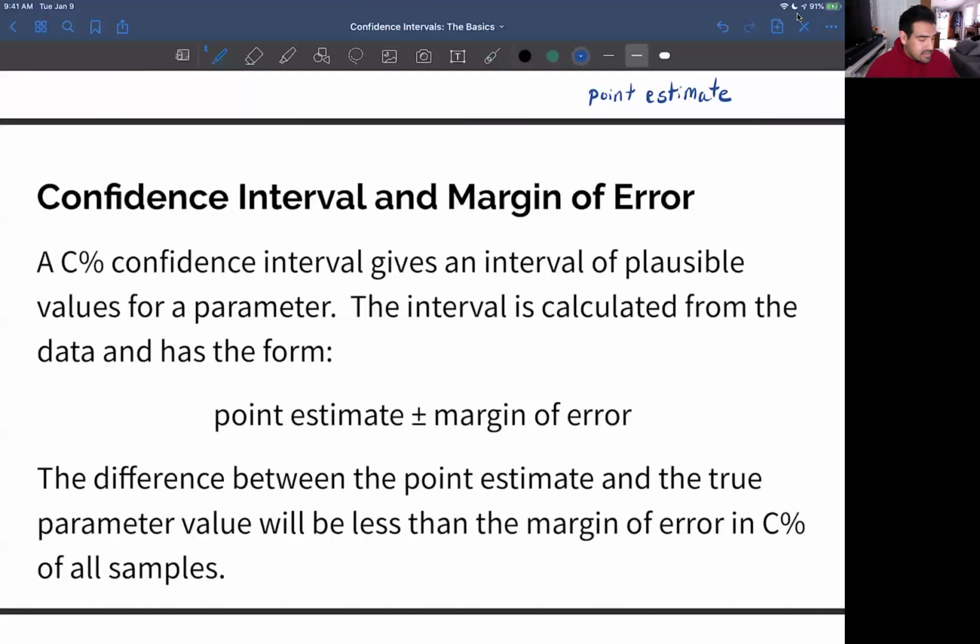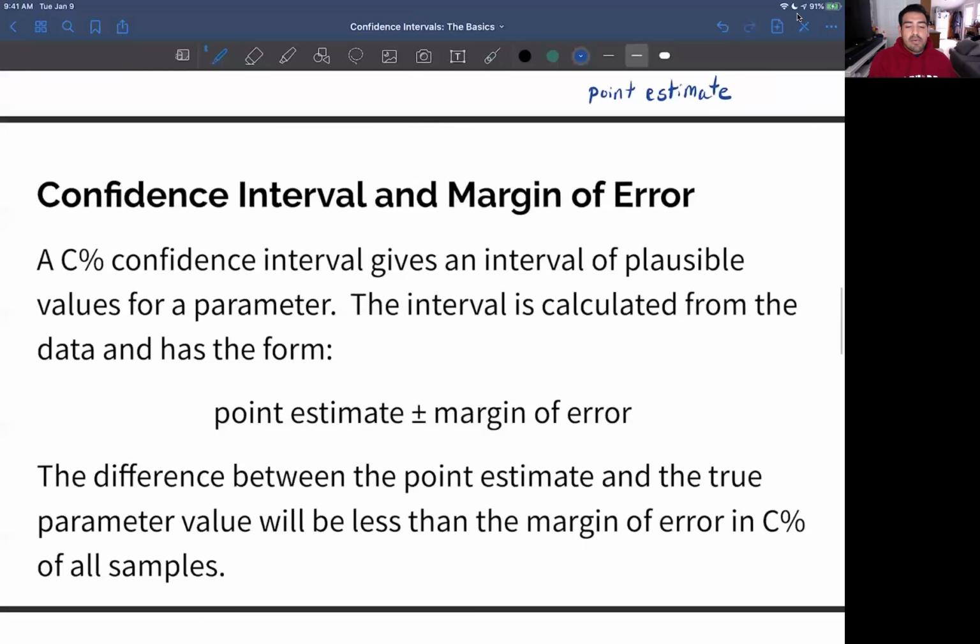The point estimate, what we've collected, plus or minus some margin of error, what we're allowed to be right and wrong. How far off can we be to have a specific confidence level? And you'll see right now, the difference between the point estimate and the true parameter value will be less than the margin of error in C% of all samples.